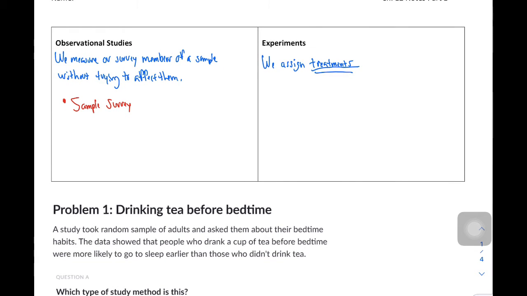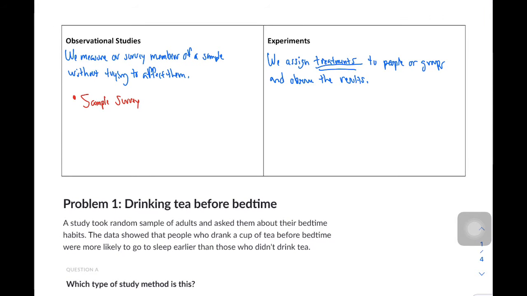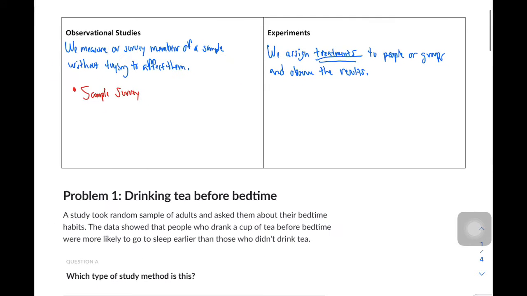We assign treatments to people or groups and observe the results. So in an experiment, there's more control and you are actually trying to affect part of the group, part of your little sample there. We'll come back to experiments here in a second.